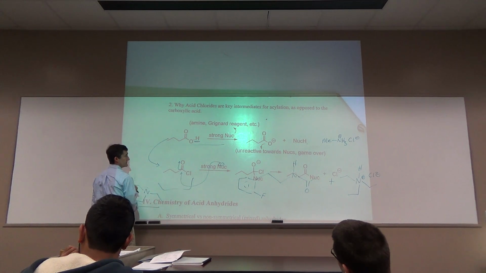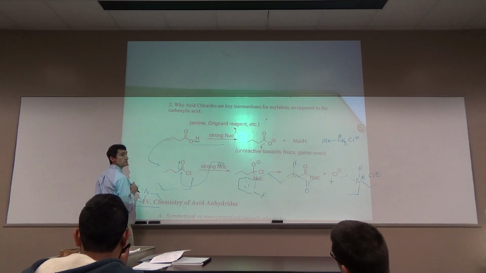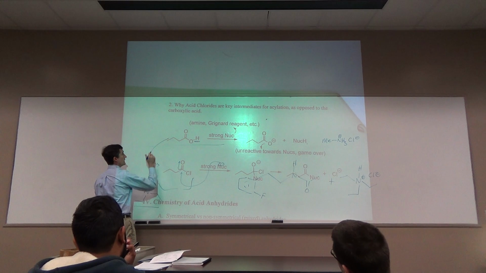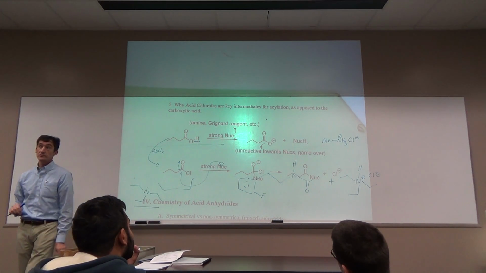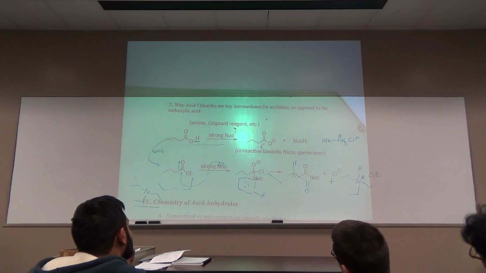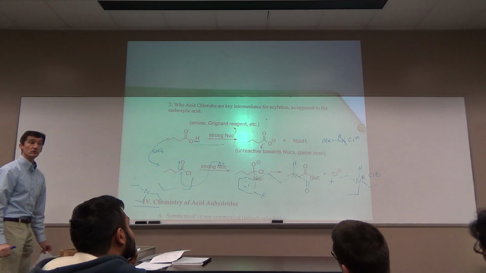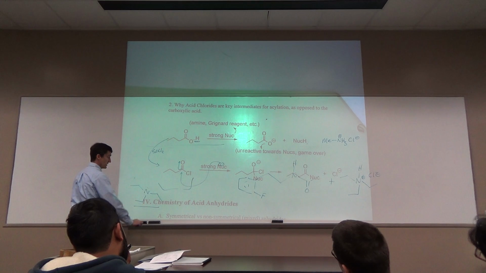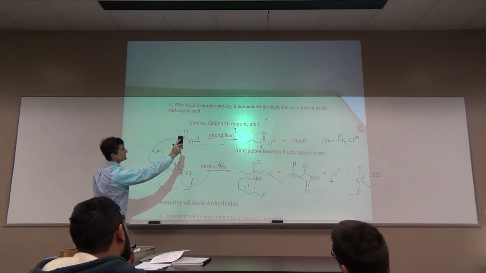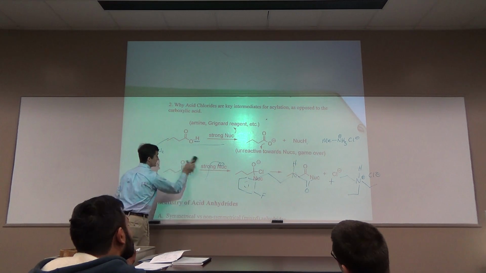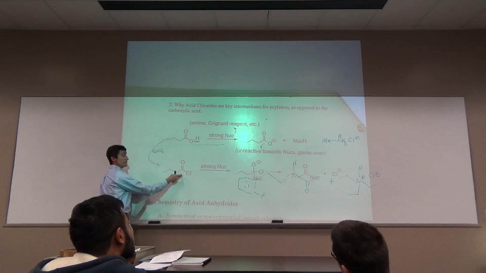How would you do that? SOCl2. Yeah, just convert it to the acid chloride using thionyl chloride, then react with your strong nucleophile. And you won't have any problem. So acid chlorides are a key intermediate for acylation chemistry. Also very reactive, right?